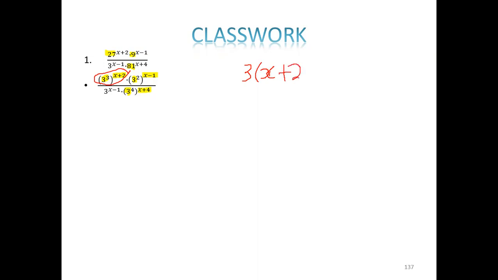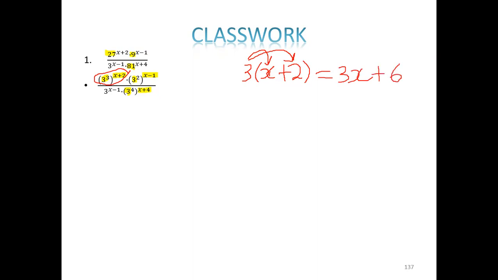It's a monomial multiplied by a binomial, which will give you a binomial. So 3 times x will give you 3x, and 3 times 2 will give you 6. So this will give us 3x plus 6.